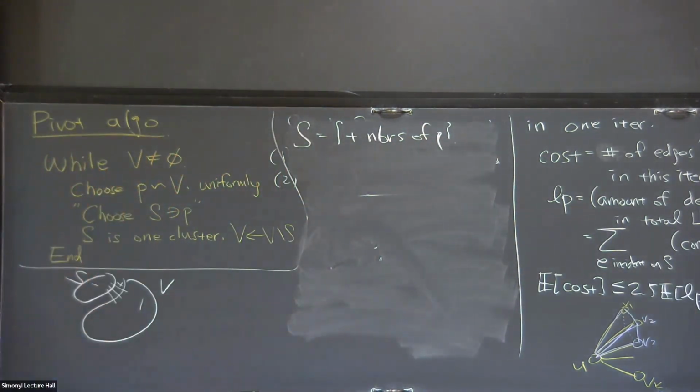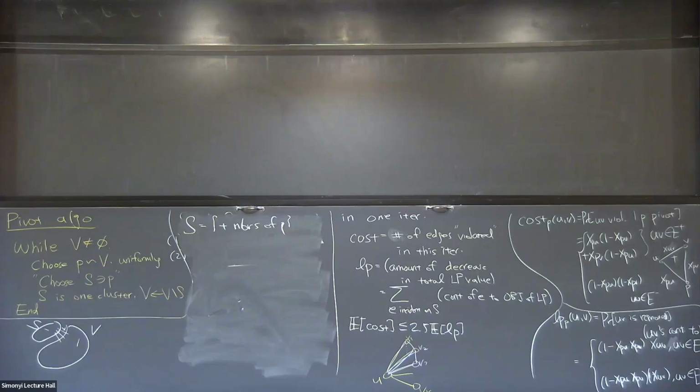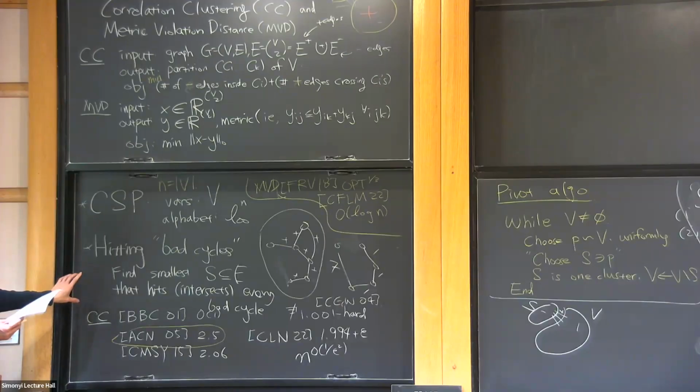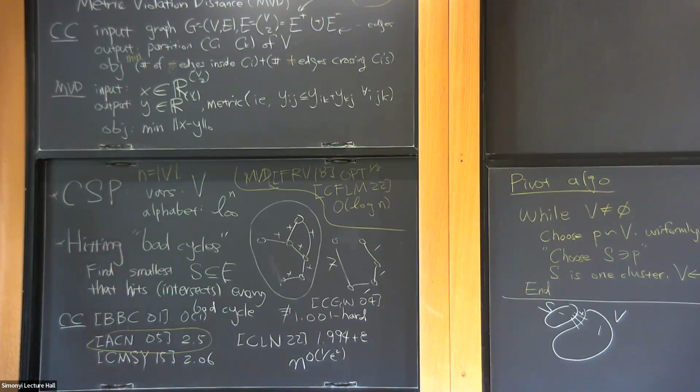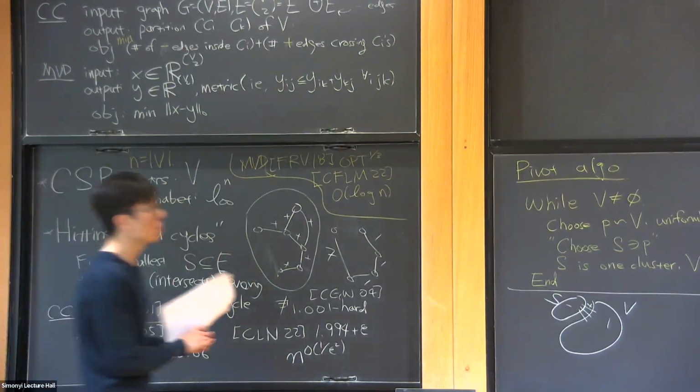Okay, so we want to say that this algorithm is a 3 approximation. How do we say this? Our algorithm is purely combinatorial, but the analysis is LP based, though a different LP. So we are going back to the hitting set interpretation, and we're going to write down the natural LP relaxation for hitting set.